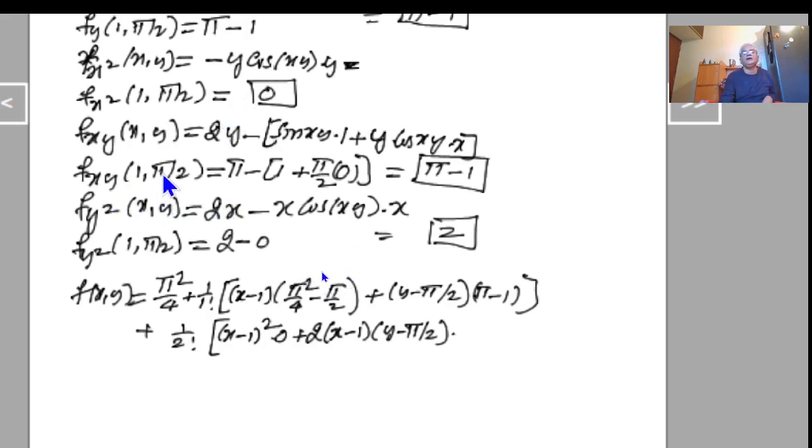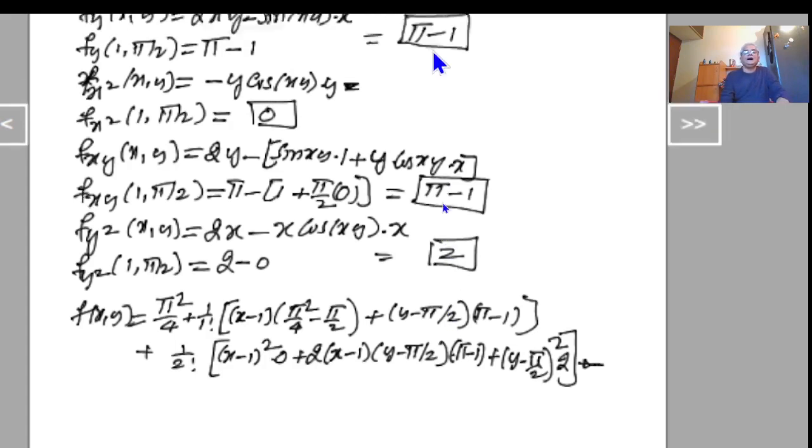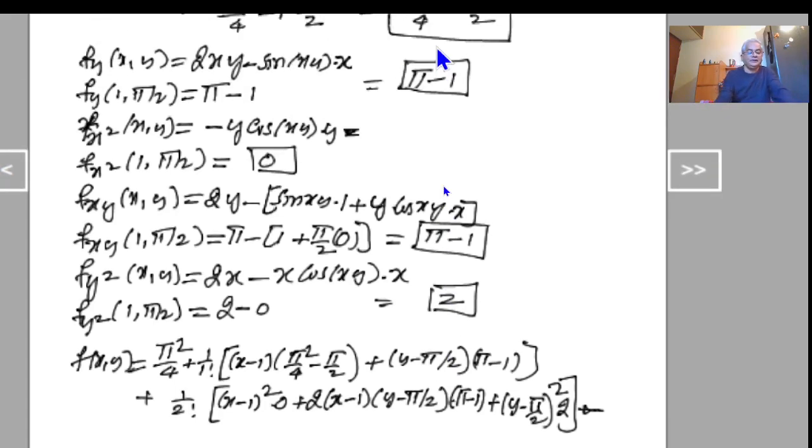What is fxy? Fxy is equal to pi minus 1. This is our pi minus 1 plus y minus b square, that is y minus pi by 2 square into fyy, that is fy square. Fy square is equal to 2, that is into 2 plus sin 1. So this is our Taylor series expansion.